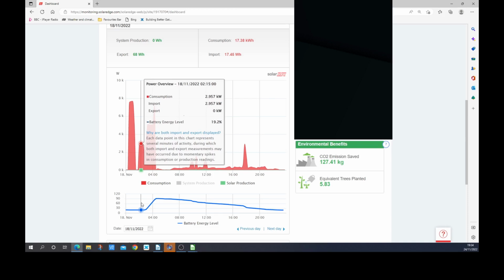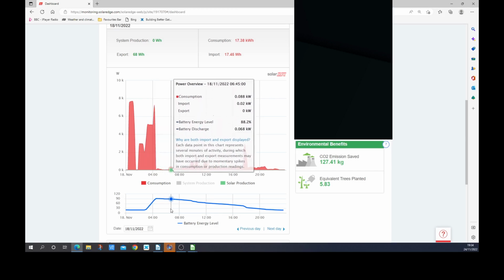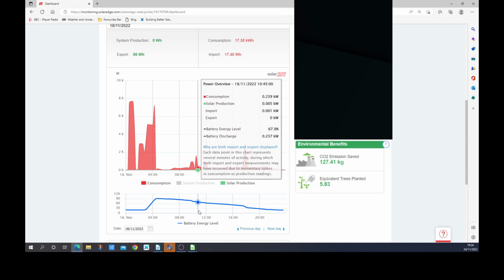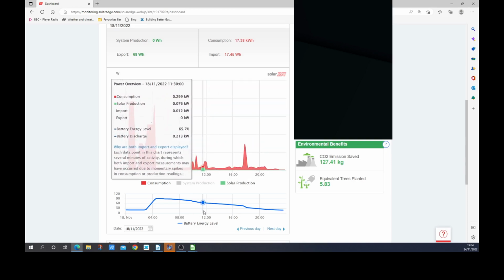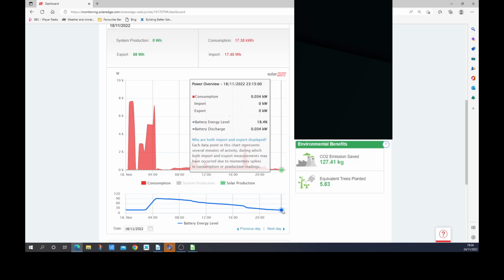Then we charged up the hot water tank, and then we had 90 minutes of charging, and there was just so little power during the daytime from the sun. You can see here we just got up to 100 watts close to the middle of the day, and the battery was discharging the whole day. This was probably the biggest depth of discharge that I've seen during a 24-hour period.